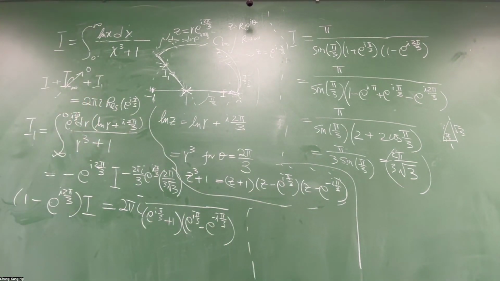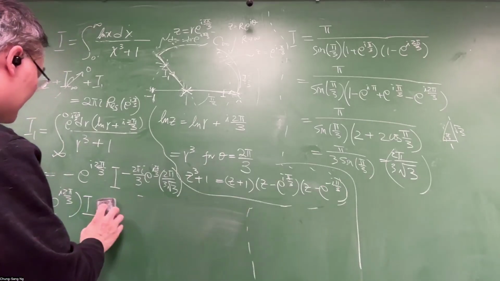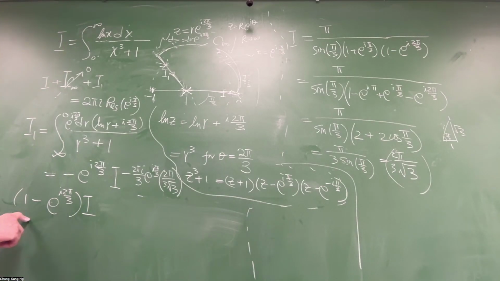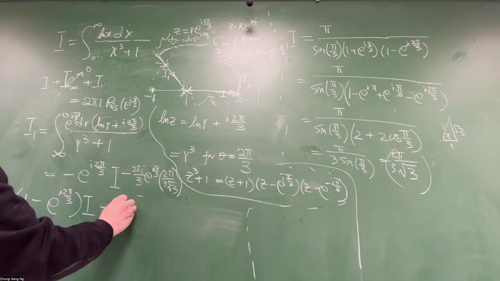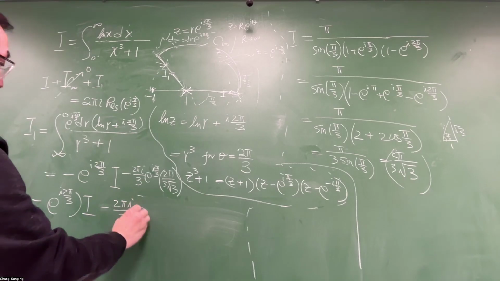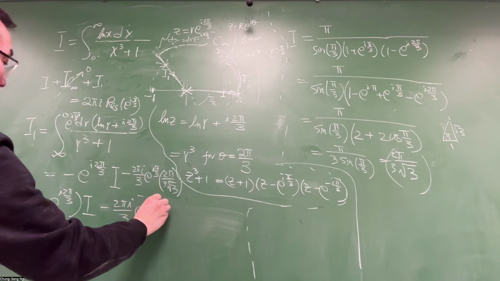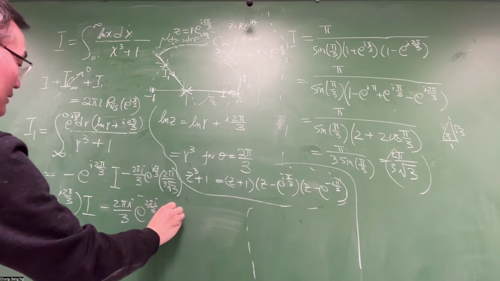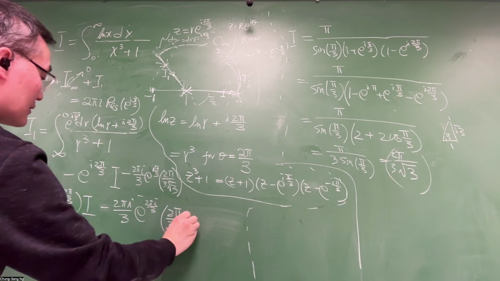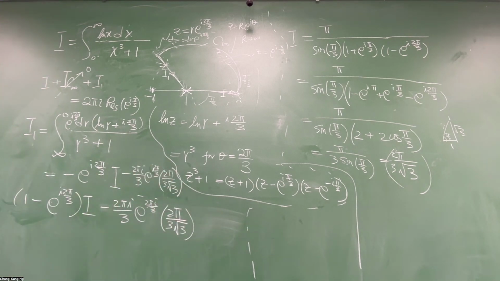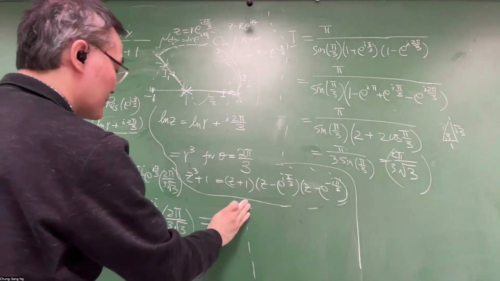Right. So this I sub one combined with I, this one, and then minus 2 pi i over 3 times the integral that we did in the last example, equals the residue.